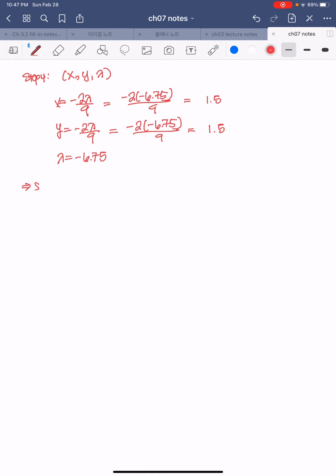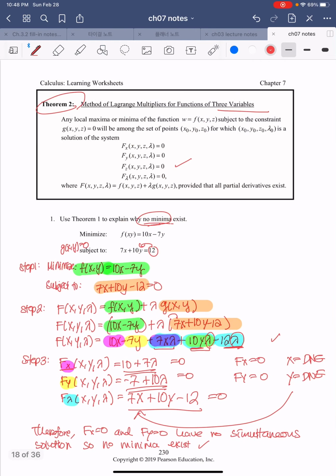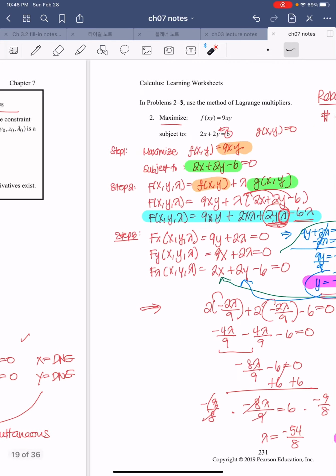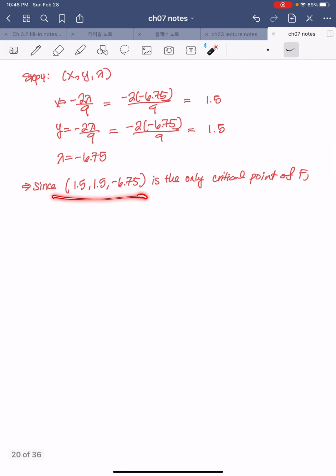So since 1.5, 1.5, negative 6.75 is the only critical point of f. So what does step 4 say? That is the only critical point. We assume that x comma y will always produce the solution to the problem. So once you find the critical value, that x and y component is your solution.